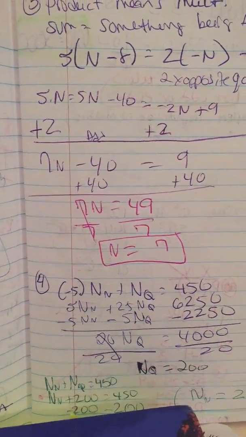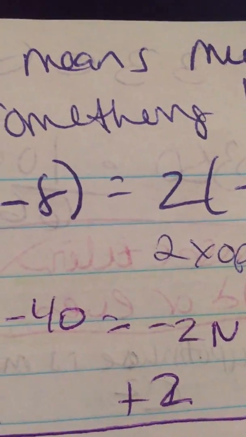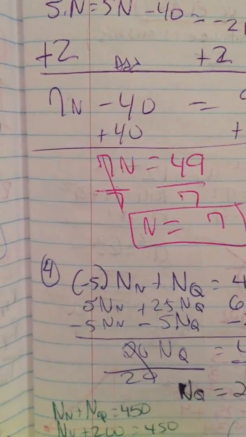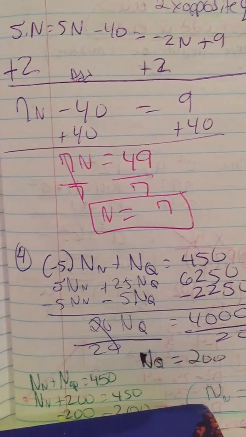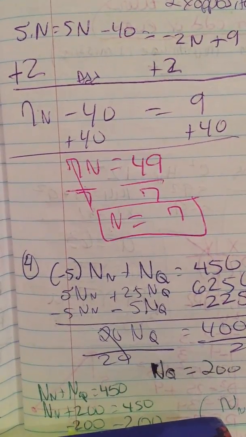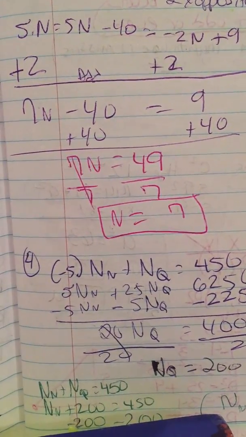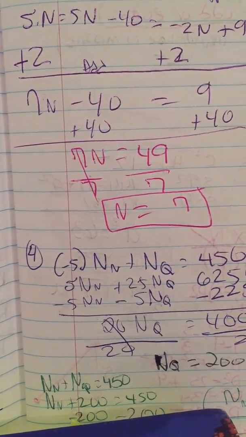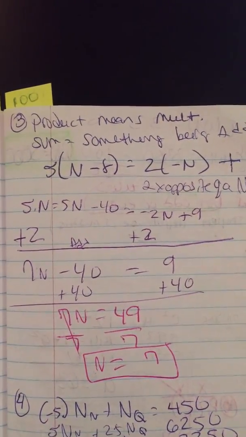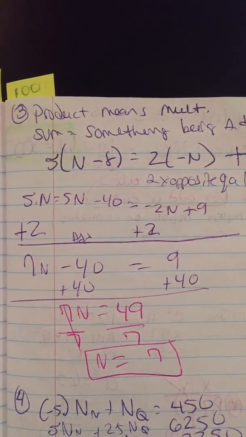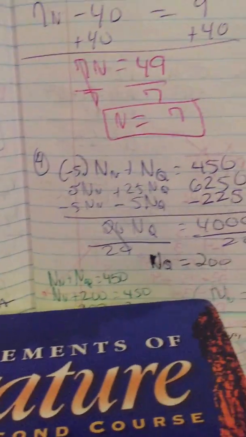We're going to add 2n on both sides since that's a variable and a minus. Do the opposite of that, and then 7n minus 40 gives us 49, because 9 plus 40 is 49, and then we divide by 7, getting our n isolated, and 7 times 7 is 49, so our answer is 7 for number 3. Number 4.